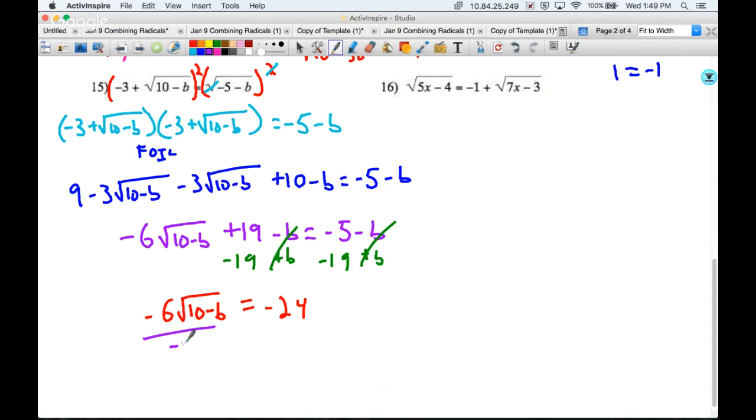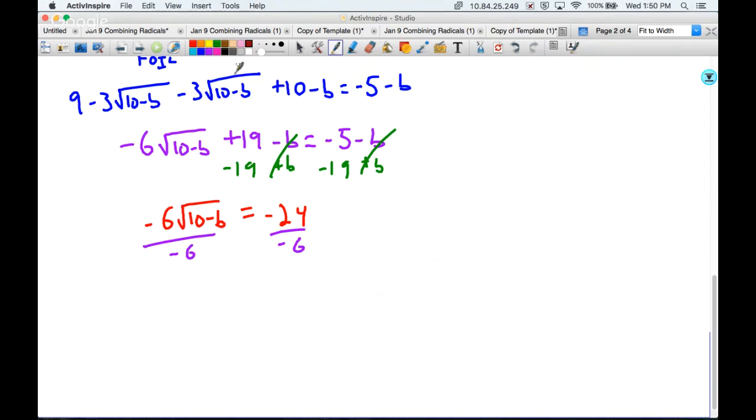Divide both sides by negative 6. And I get the square root of 10 minus b equals, this becomes a positive 4. Now we can square both sides to get rid of the remaining radical.